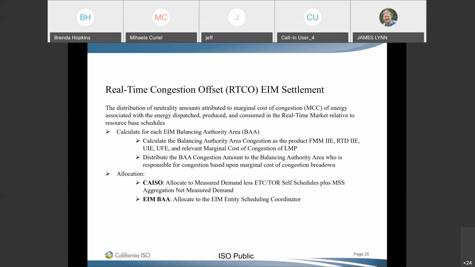Okay, somehow you're resolving congestion in Nevada's balancing authority area as well.